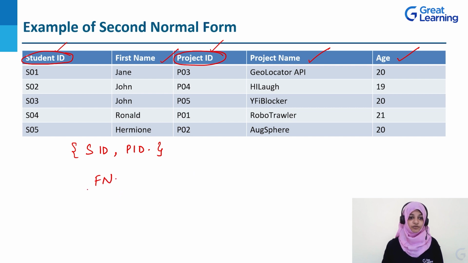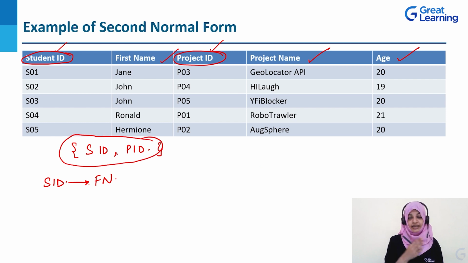The first name attribute is fully functionally dependent on the student ID attribute. It's fine if it is not defined by the project key attribute. As we can see, the first name is not really dependent on the project ID attribute. This means that even though our super key is a combination of student ID and project ID, first name and, for that matter, age can both be uniquely identified by a subset of the super key, which is student ID.